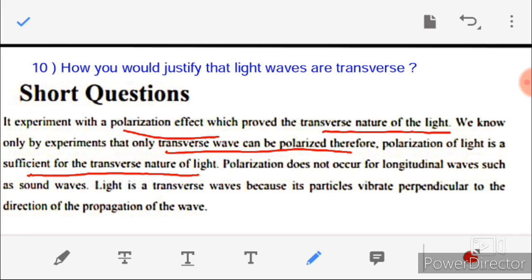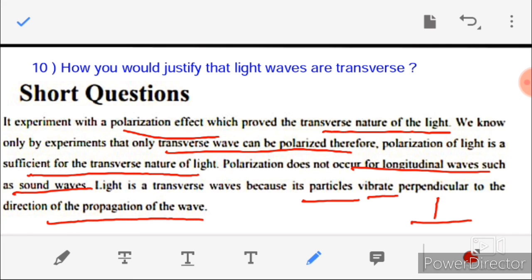Polarization does not occur for longitudinal waves such as sound waves. Light is a transverse wave because particles vibrate perpendicular to the direction of propagation of the wave. So this is the answer of question number 10 and the exercise of chapter number 9, physical optics.